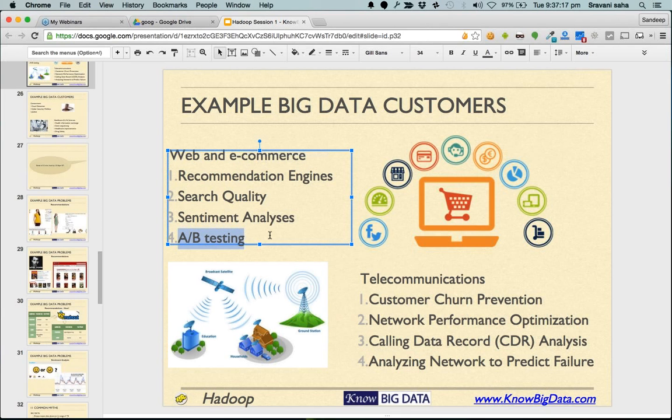Fourth is analyzing the network to predict failures. It is actually possible to predict failures based on past history. If you build a great set of information on why your system failed last time, and what the various signals were at the point when the network was failing, and the data is big enough, you can predict that this is the same omen, because at the same time last time the network failed.